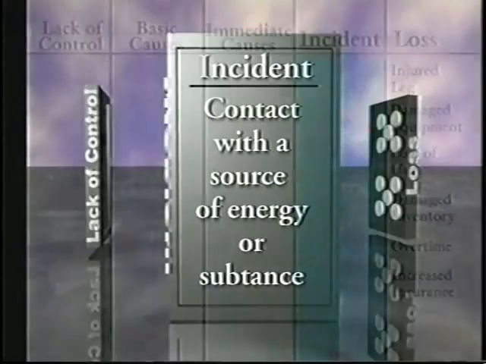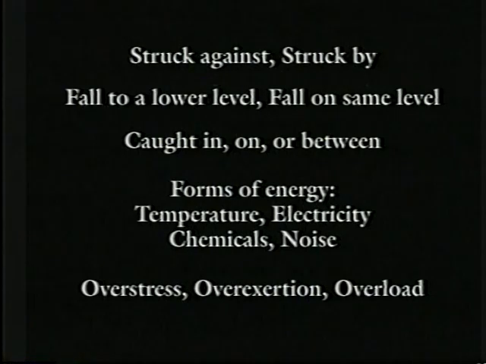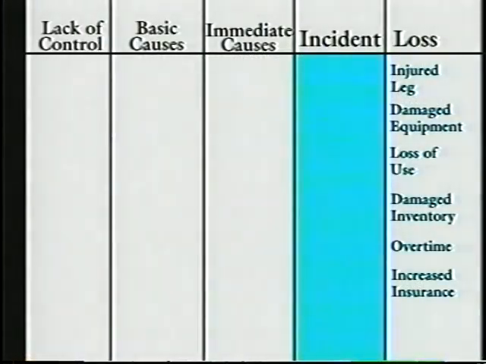This could include the following categories: struck against, struck by, fall to a lower level, fall on same level, caught in, on, or between, contact with forms of energy such as temperature, electricity, chemicals, or noise, and overstress, overexertion, or overload. Stop the video to discuss the contacts, then restart the video.